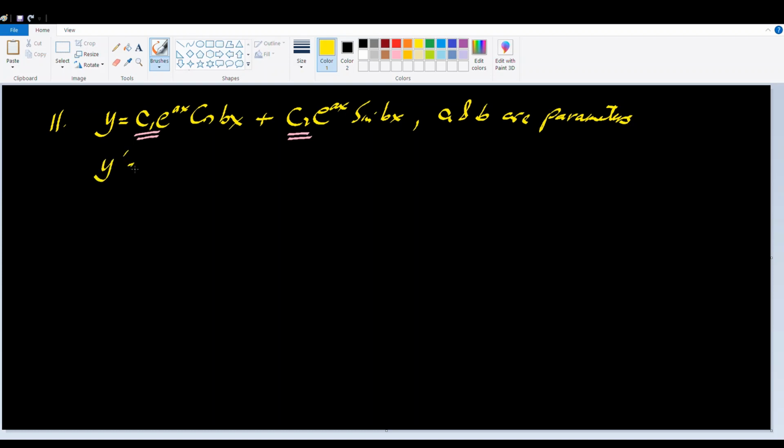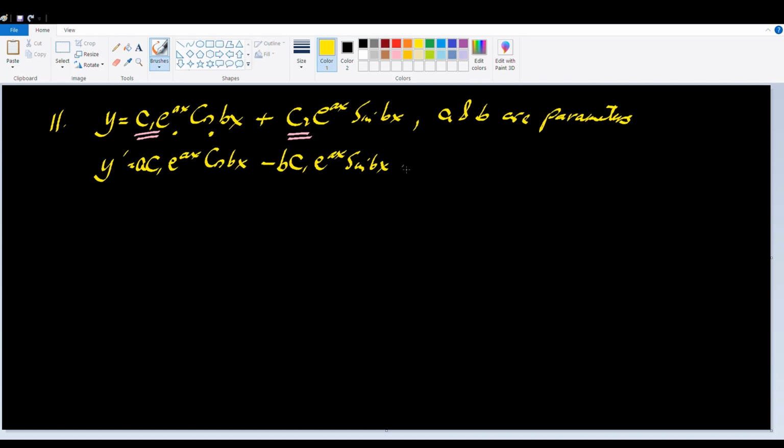So y prime equal to c1 e to the ax cosine bx. It is a product. So start with the derivative of e to the ax, which is a e to the ax cosine bx. Okay, and then plus c1 e to the ax. Derivative of cosine is negative sine. So let us change that to negative sine bx, and then the derivative of bx with respect to x is b.